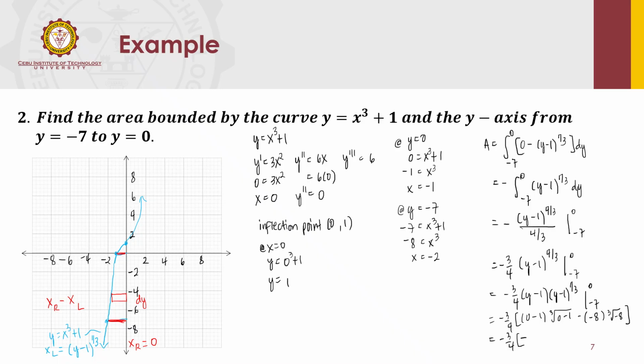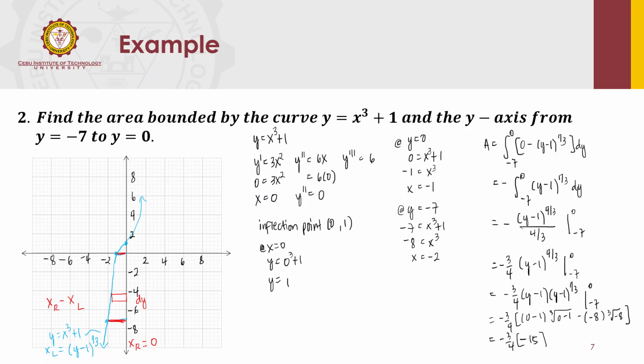So we have negative 1 times negative 1, that's positive 1, and then 1 minus 16, or that's negative 15, right?